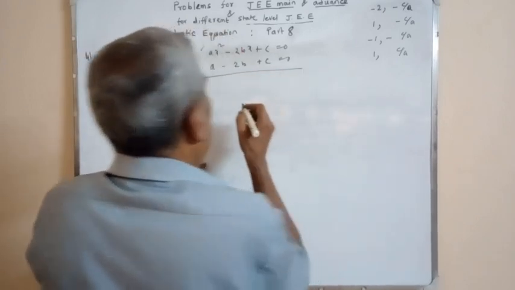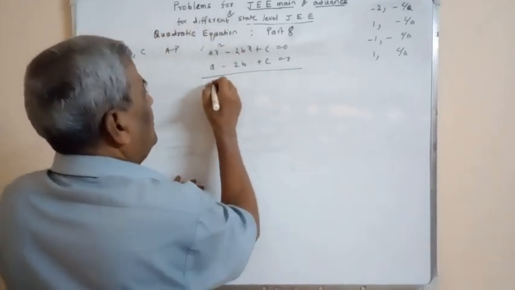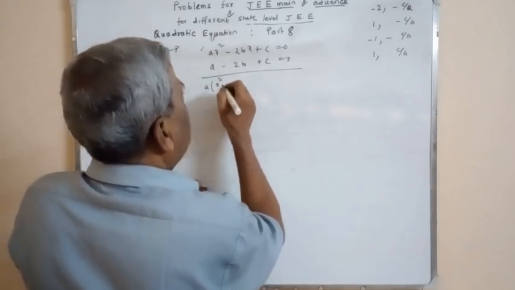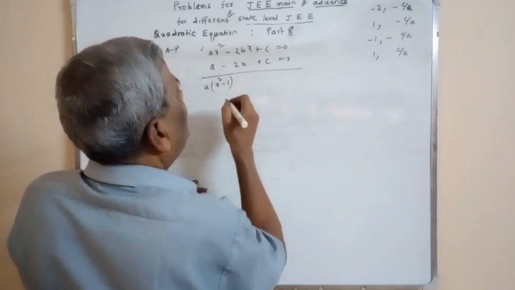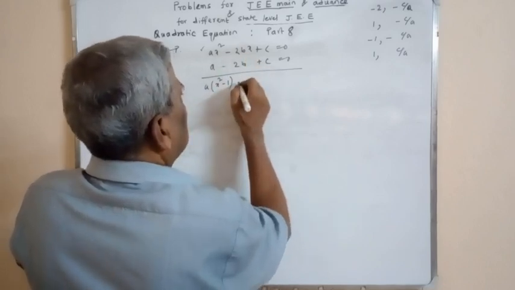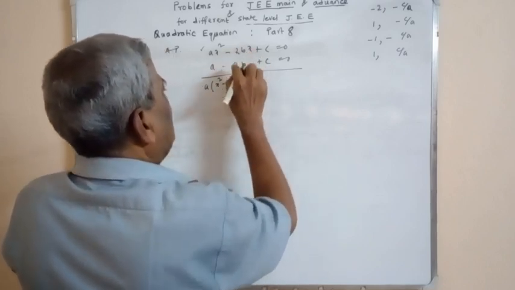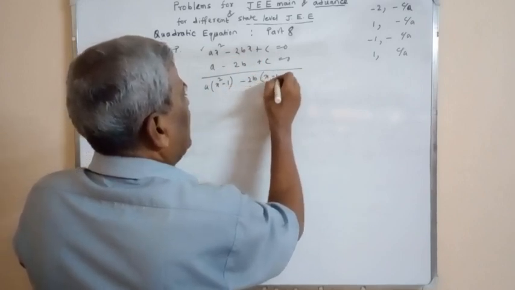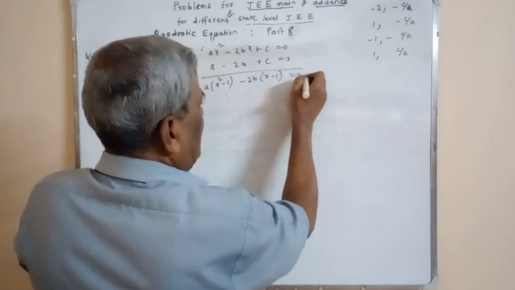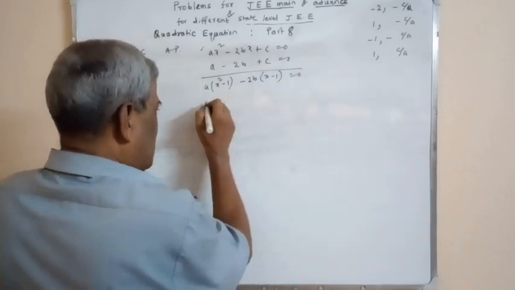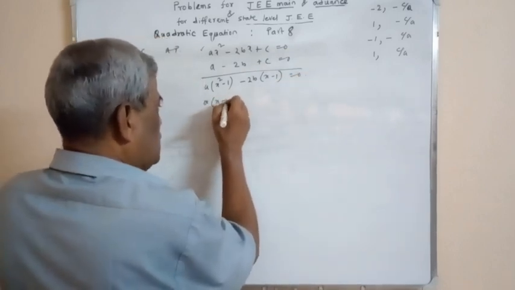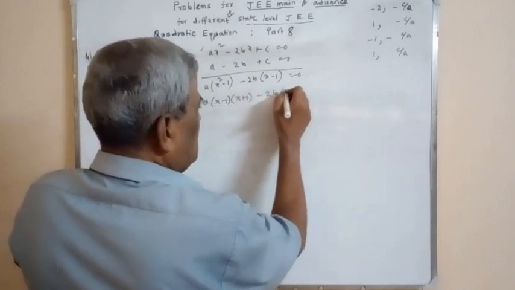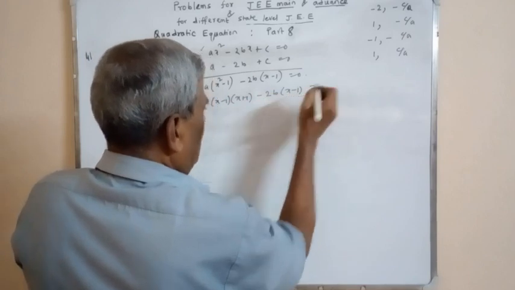Now subtracting we must have a into x square minus 1, this is negative, this is positive, plus minus 2b into x minus 1. This cancels. That is, it is a into x minus 1, x plus 1 minus 2b into x minus 1 is equal to 0.